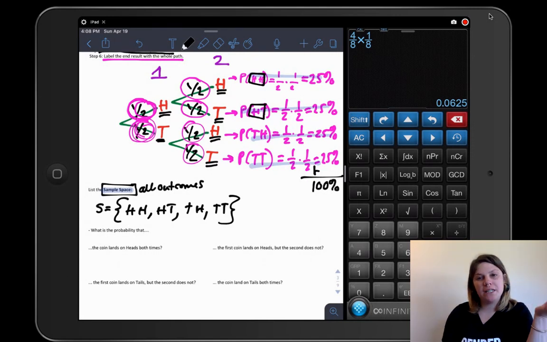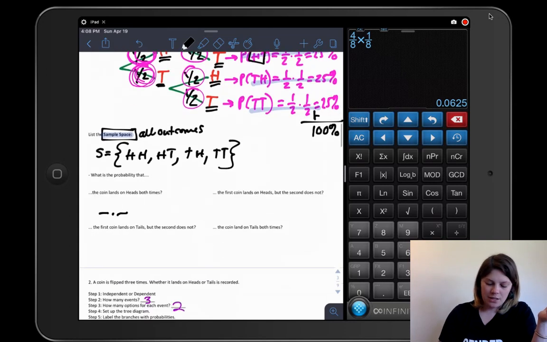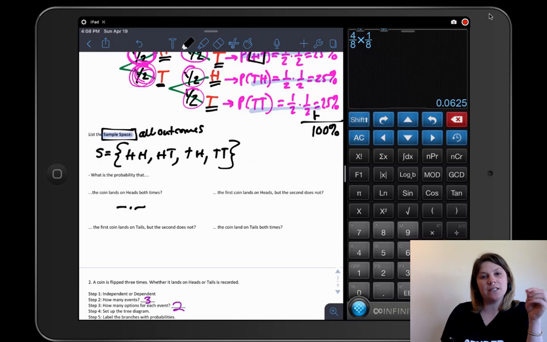So now let's actually answer the questions that are being asked. The first question is, what's the probability that the coin lands on heads both times? So if we didn't already do this problem, we need to set it up. Now, this might seem silly for this question because it's such a simple question, but something that I do that really helps me keep track of what the question is asking, it says lands on heads both times.